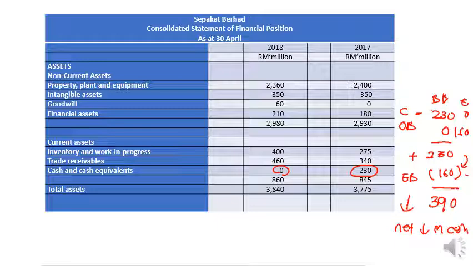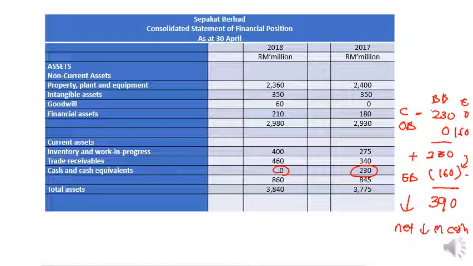For the bank overdraft, the ending balance here is 160, but the beginning balance is 0. So 0 at the beginning, and 160 at the end.